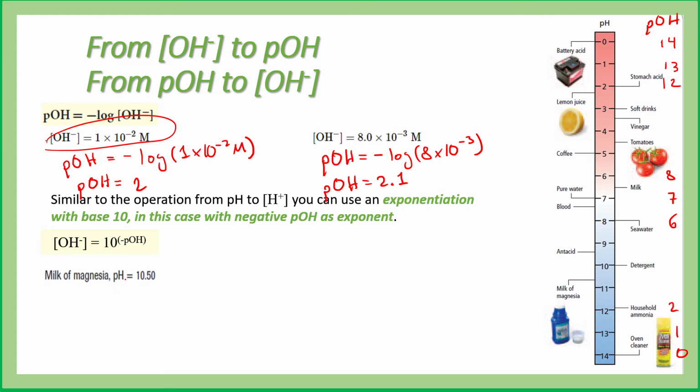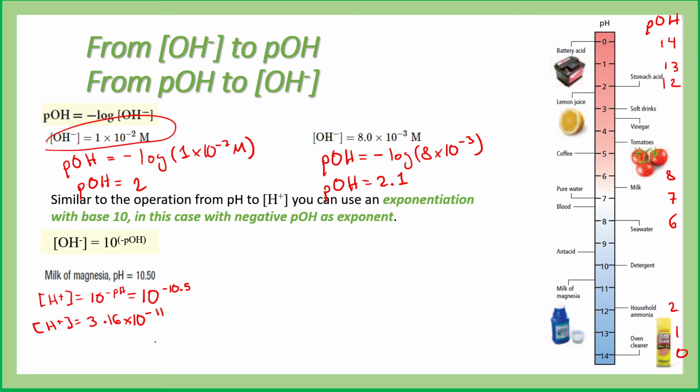So you can do two things. You can calculate the hydrogen ion concentration, which will be 10 raised to the power of minus pH, which is 10 to the minus 10.5, and that is equal to 3.16 times 10 to the minus 11.